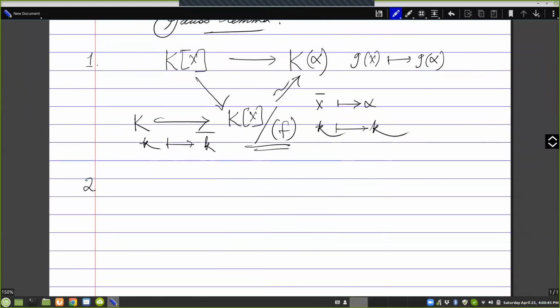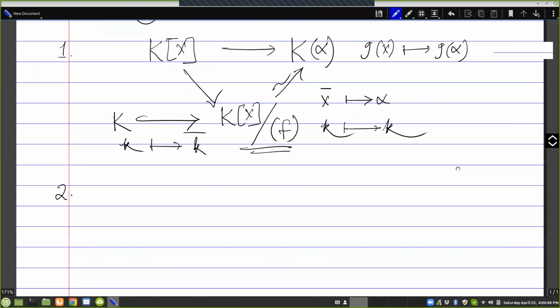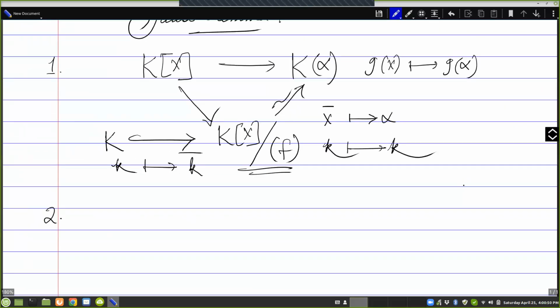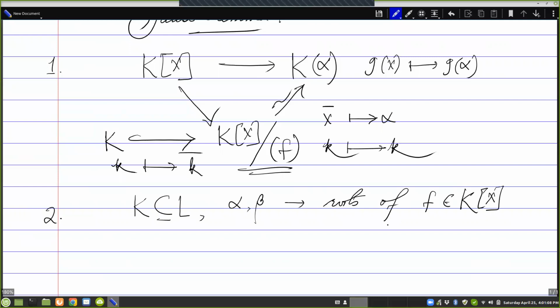And the second thing that we have also seen is the following. Suppose in an extension, alpha and beta are both roots of some polynomial f over K, and assume that f is irreducible. And monic is not an issue, because you can always divide any polynomial by the leading coefficient.